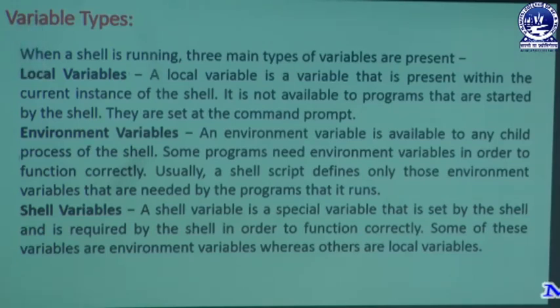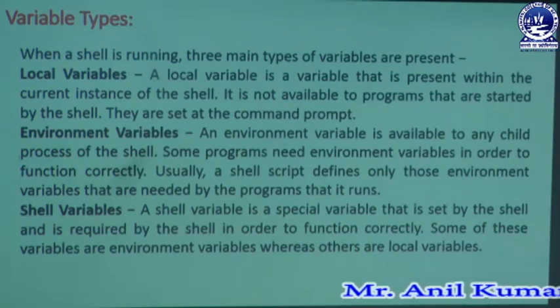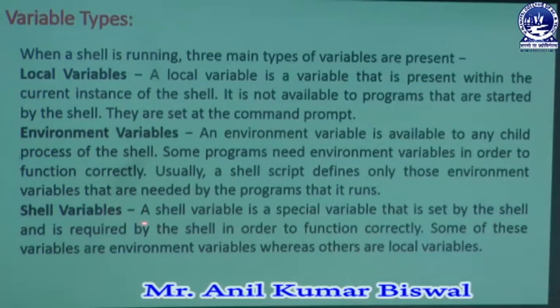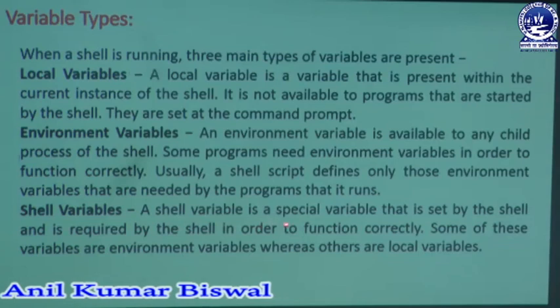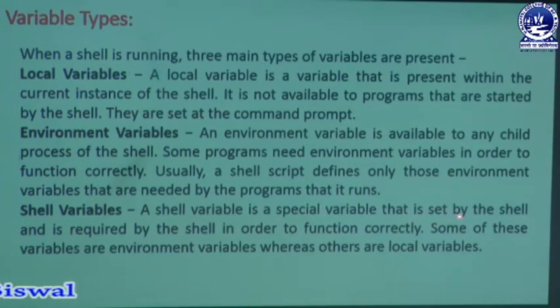The shell variable is another type of variable, so we can say the third type of variable. A shell variable is a special variable that is set by the shell and is required by the shell in order to function correctly. If the shell is not functioning correctly, in that moment you get an error.